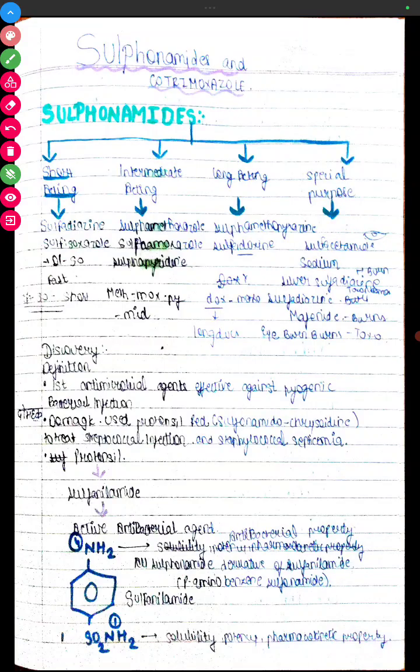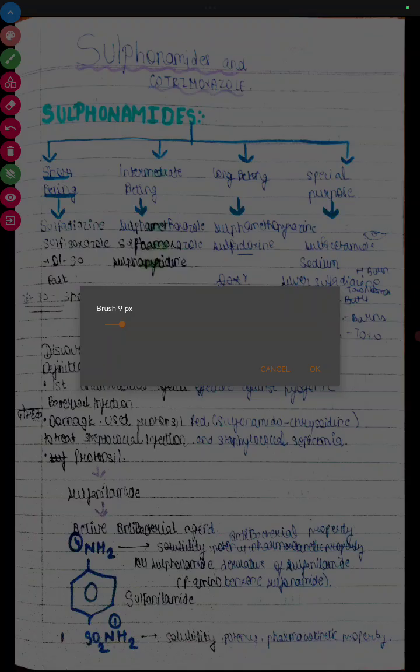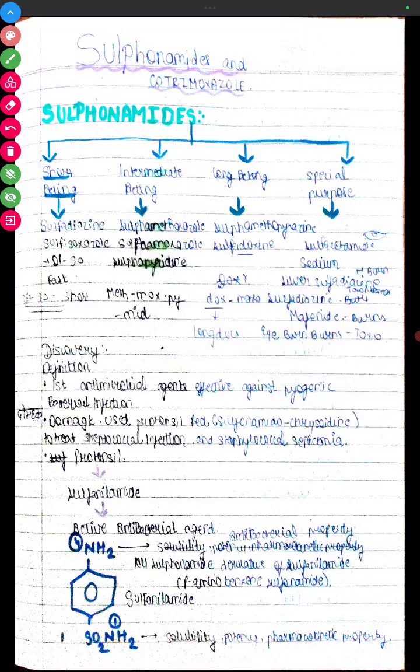Okay, now we will move to the definition. So this sulfonamide was the first antimicrobial agent. Domagk was a scientist who used Prontosil red, and Prontosil red was nothing but sulfonamide, a form of sulfonamido-chrysoidine.